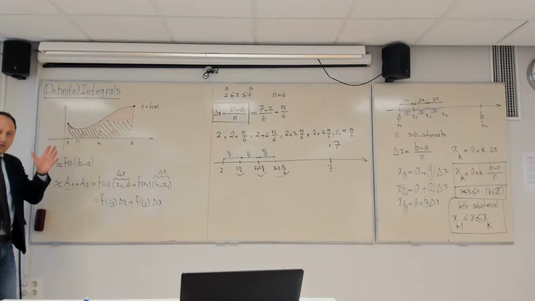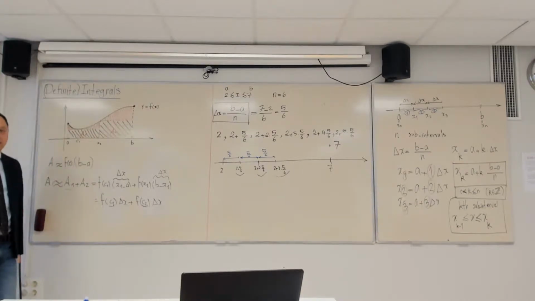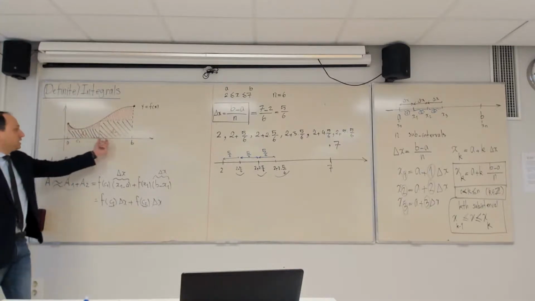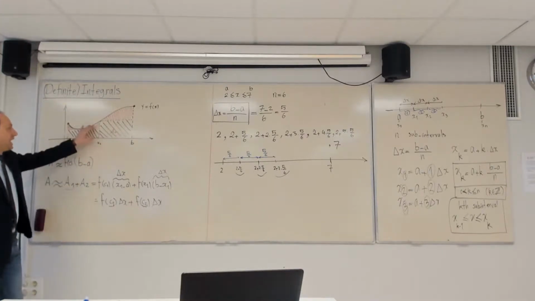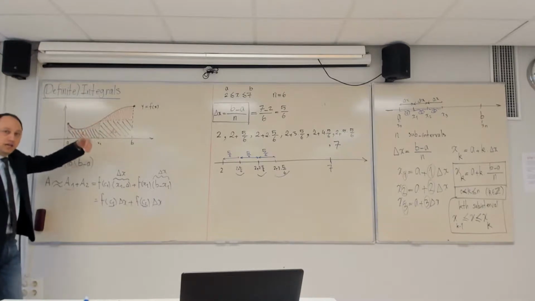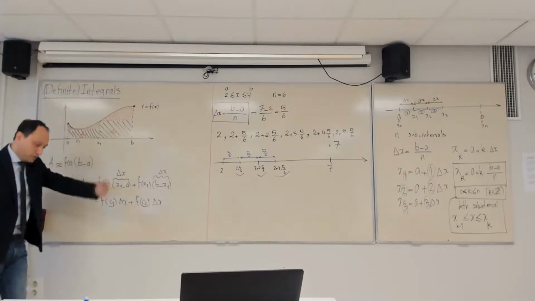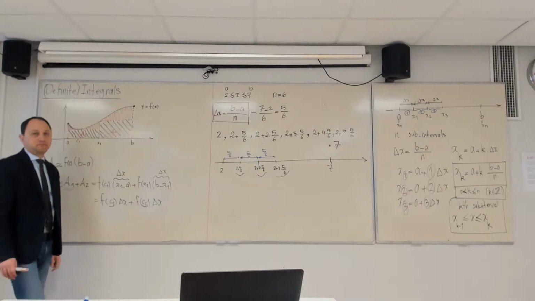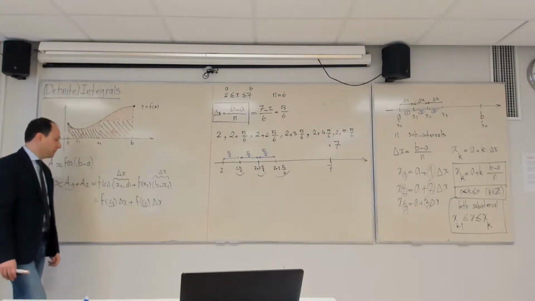Do you understand? Do you have the correct feeling for that? Is that understandable? That if I increase the number of partitions, I have still errors, but the errors are getting smaller and smaller each time. Is that okay? Yes. Okay.